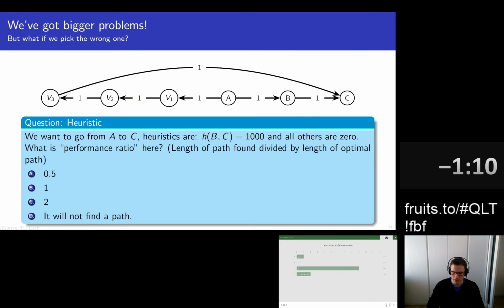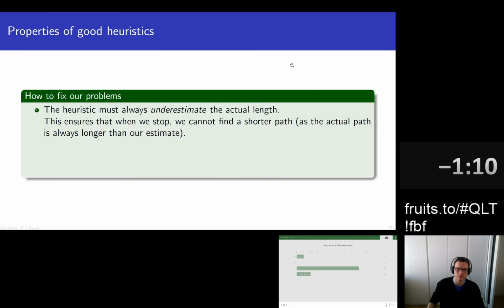So what does that mean? What kind of criteria should this heuristic fulfill? Well, there's 2 important things here. First of all, the heuristic must always underestimate the actual length. So just now, the actual length from B to C was 1, but our heuristic said it was 1,000. That will break it, right? So our heuristic must underestimate the actual length.